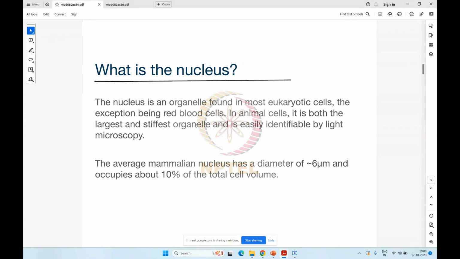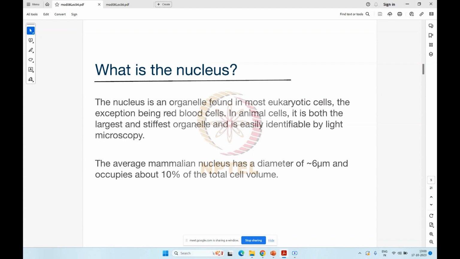If you were to see how the stiffness varies in a single cell in any part of the body, you would see that within the whole cell, the area which contains the nucleus is the stiffest. You'd need to apply the most pressure there.